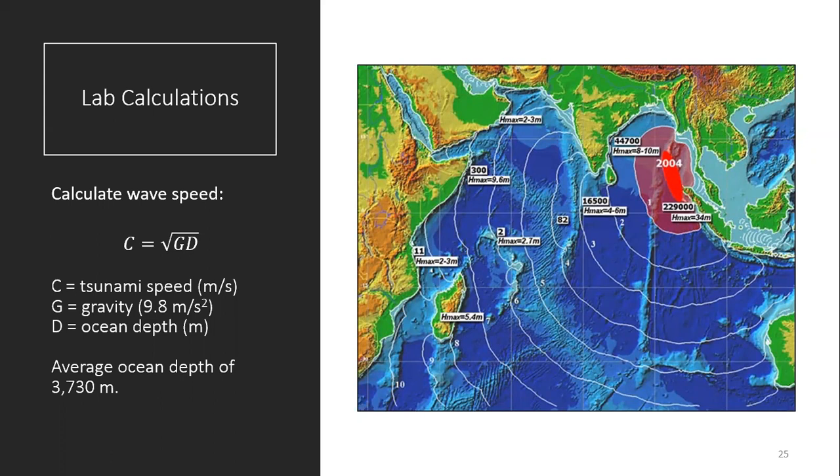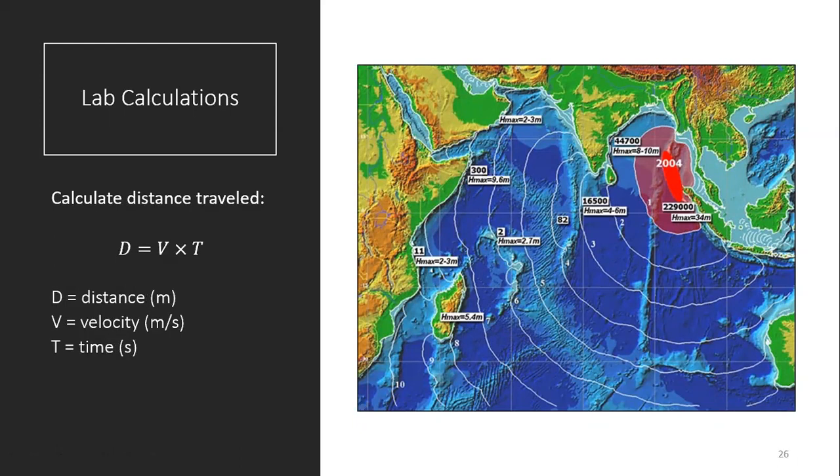In your calculations, your lab instructs you to use an average ocean depth for D of 3,730 meters. Remember, because you're calculating speed, your final answer should be in meters per second.